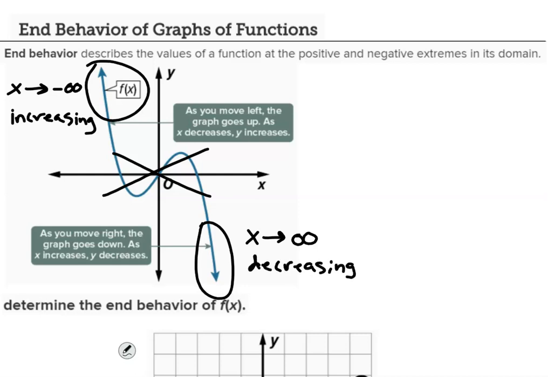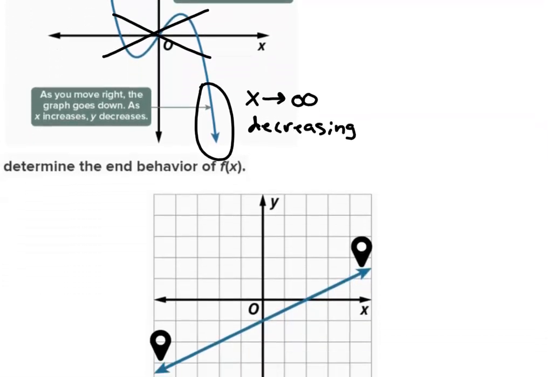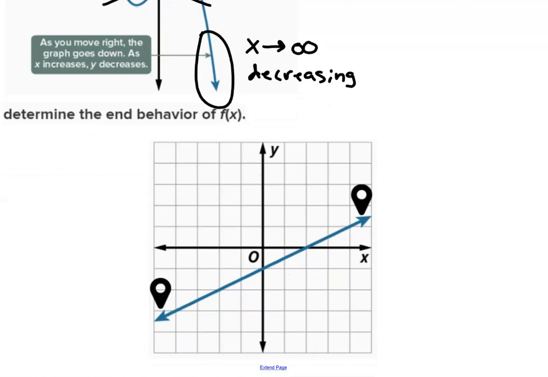Okay, so this is just kind of saying, hey, we know that the graph is running off. It's running off. We put this arrowhead, but just to kind of describe what that means as we go to the left, as we go to the right, or negative and positive in the x direction. Okay, so if we just had a line like this on this side, going to the left, we'd say as x goes to -infinity, we would say that we are decreasing because we're going down.